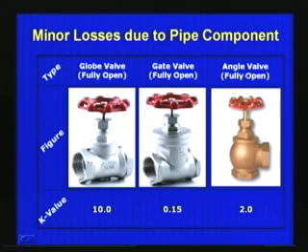And if it is a fully open angle valve like this, then the k value will be about 2. So this value of k depends upon the material and the type of construction. Generally the manufacturer will be specifying this loss coefficient k with respect to the material, the type of manufacture and other parameters, based upon tests conducted in the laboratory.